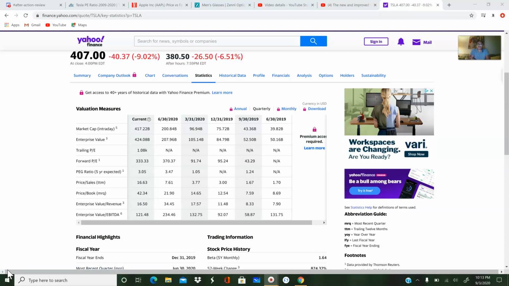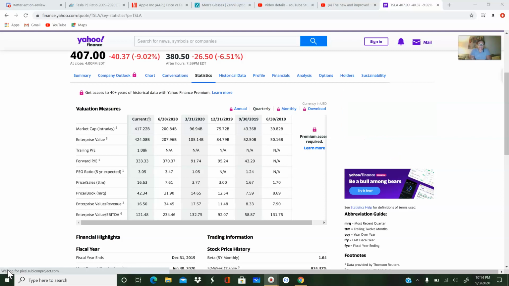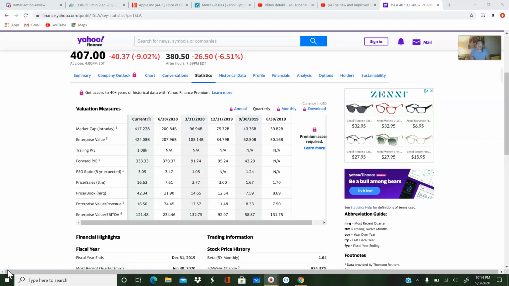The way that I was taught to look at the PE ratio was to, of course, compare it to the same companies in the same industry, or competitors of the same industry, and the industry average. That would give you an idea as to the relative value of that particular company.